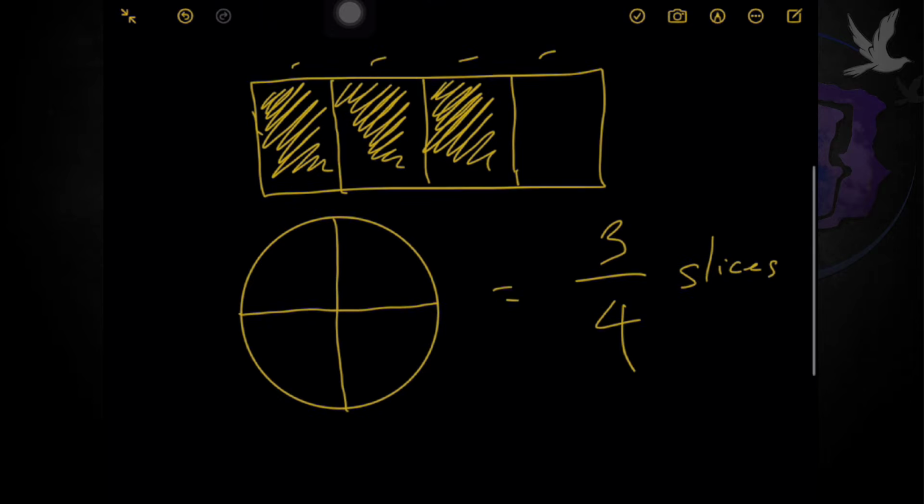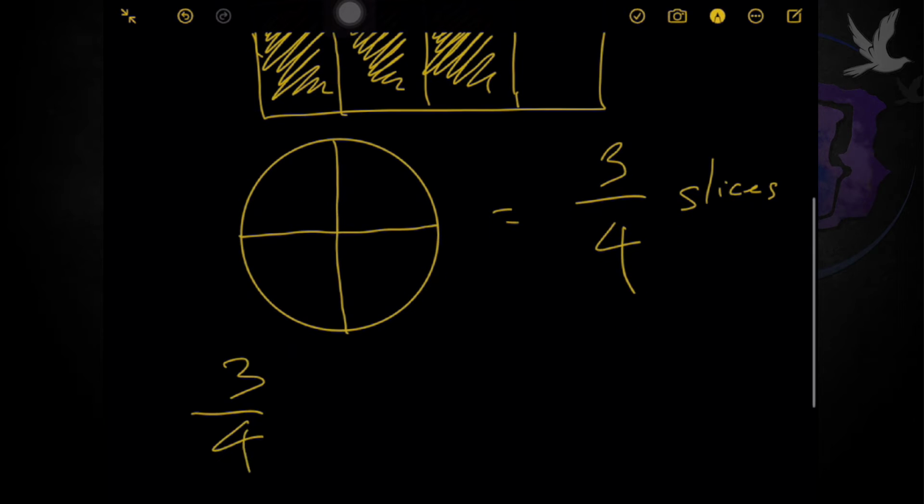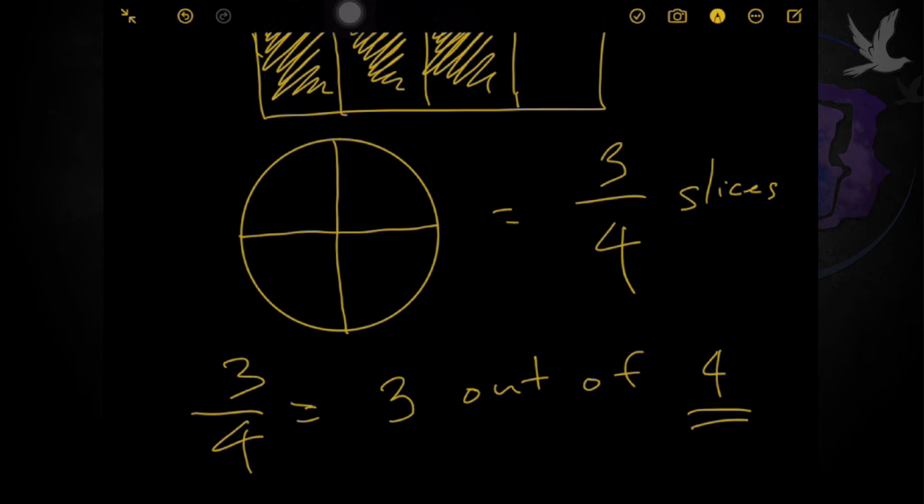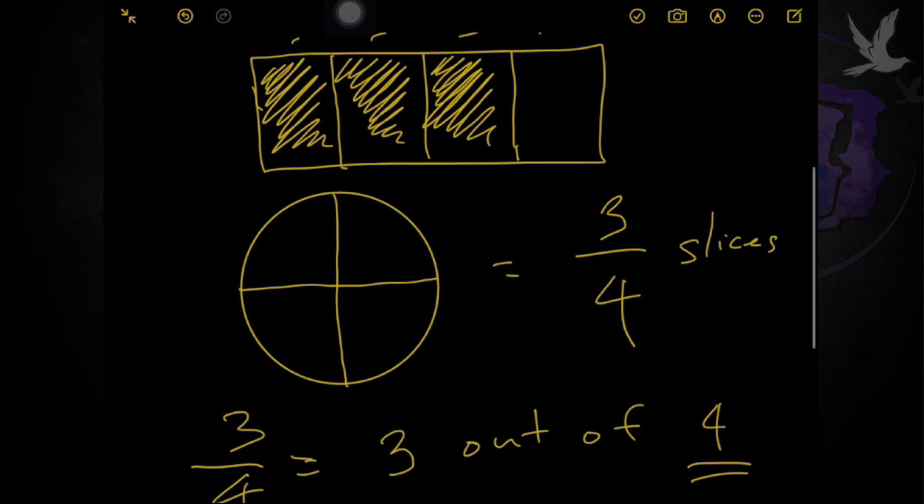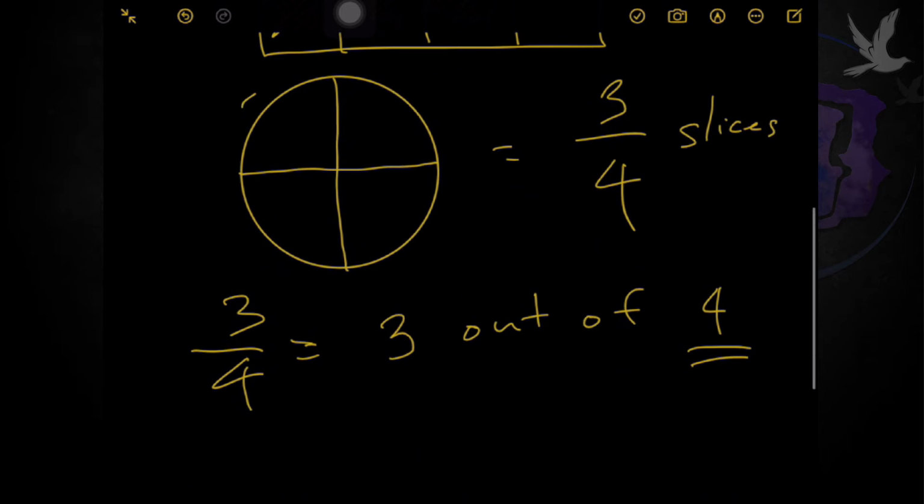Meaning out of 4, parang 3/4 nga kasi, 3/4 can actually be read as 3 out of 4. So meaning there are 4 slices, 4 total. That's why nga na yung kanina sinabi ko, our denominator basically represents the total. 1, 2, 3, 4. And 3 being the numerator.